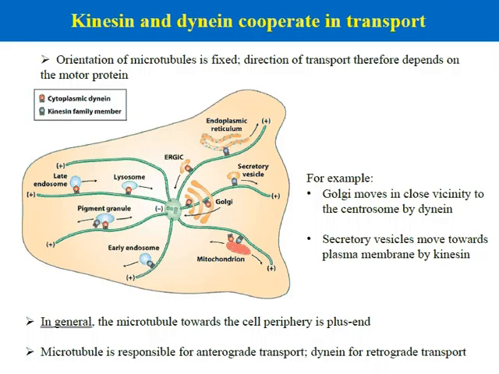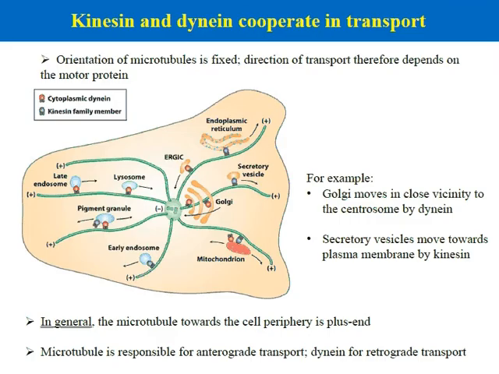On the other hand, if you have secretory vesicles, such as this one, after being assembled in the Golgi apparatus, it needs to go to the cell periphery, go to the plasma membrane, and release its content. So the secretory vesicle needs to move towards the periphery, and in general it will move towards the plus end.